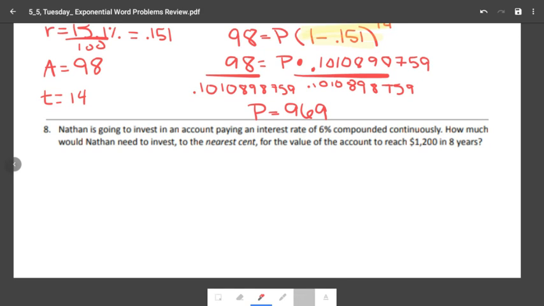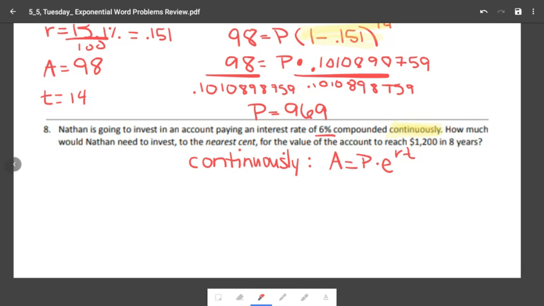So the first word in the table that I gave you that we're going to look for is the word continuously here. It is. So we're stopping on the first formula already. Continuously is A equals P times E to the RT power.